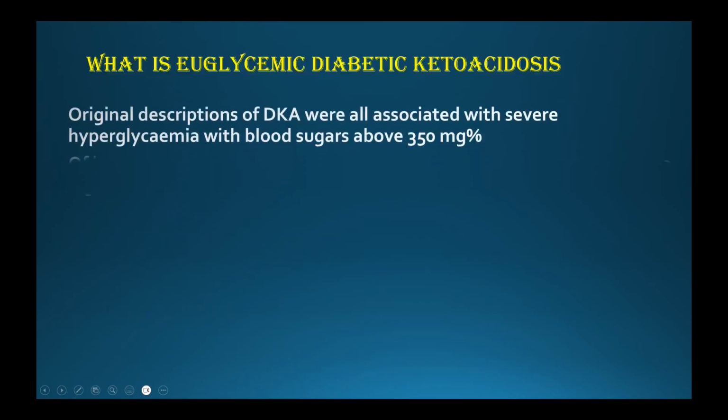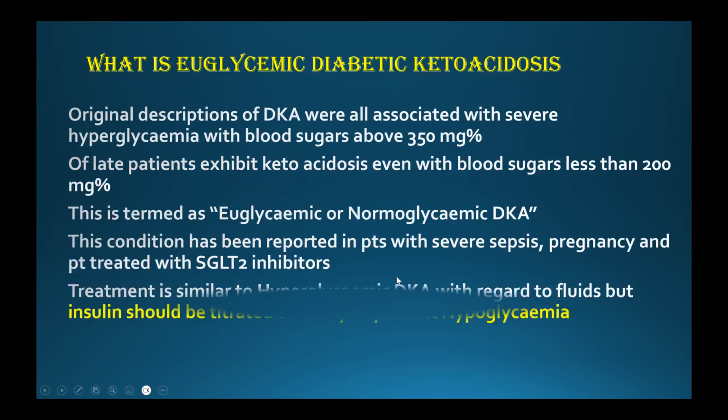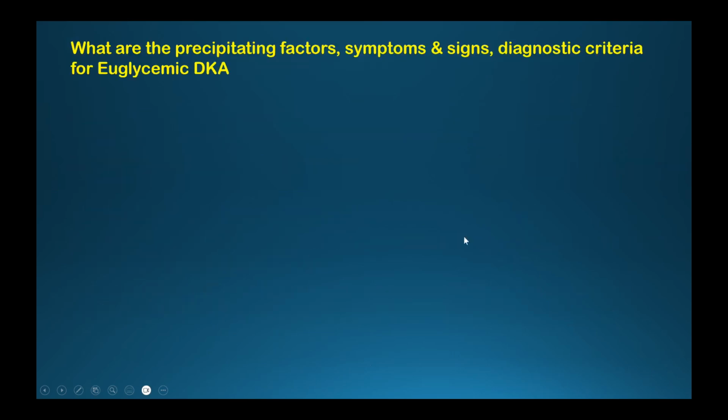And of course, severe hyperglycemia. Patients with glucose lesser than 250 are called normoglycemic DKA, and the treatment is similar to hyperglycemic DKA with regard to fluids, but insulin should be titrated carefully to prevent hypoglycemia. That is the most important thing.